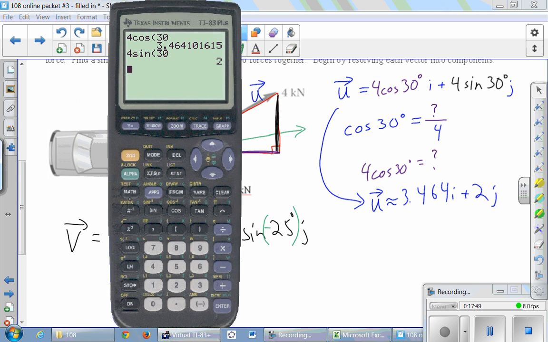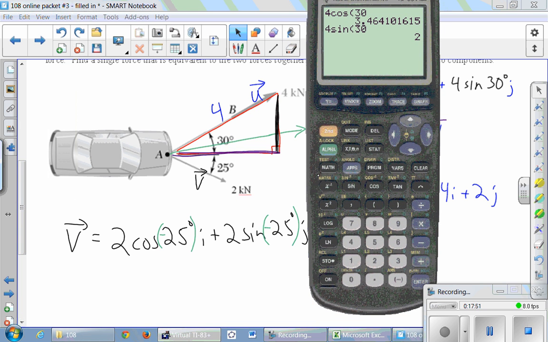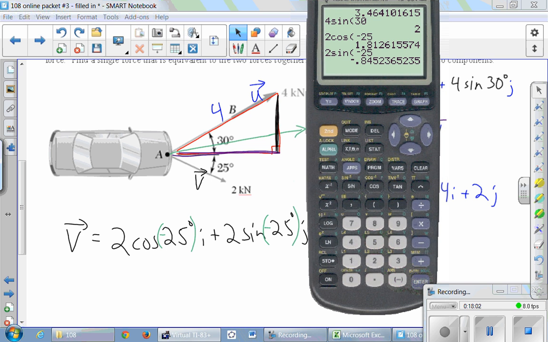Okay, so let's try this now and see what we get. So here we're going to do 2 cosine of negative 25, fully expecting a positive answer. Okay, that looks good. And then 2 sine of negative 25, expecting a negative answer. All right, both good. So let's put that down here.